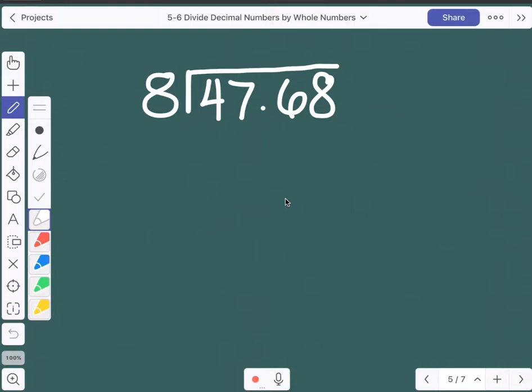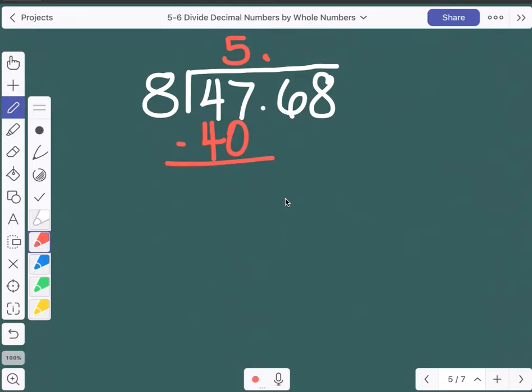Okay, so here we have 47 and 68 hundredths divided by 8. This time, I'm going to switch to a different color for my work so it's easier to see. I'm going to put my decimal straight up above, and I'm going to see how many 8s fit into 47. Since I know my 8s facts, I know that that's 5, because 5 times 8 is 40.